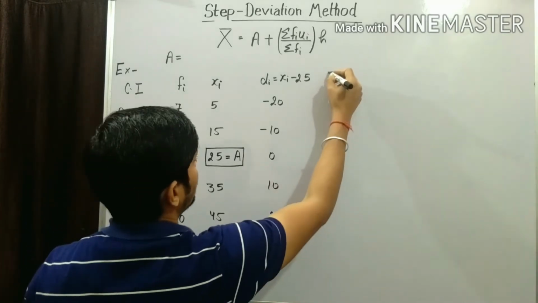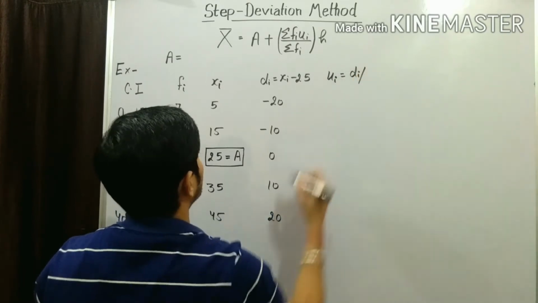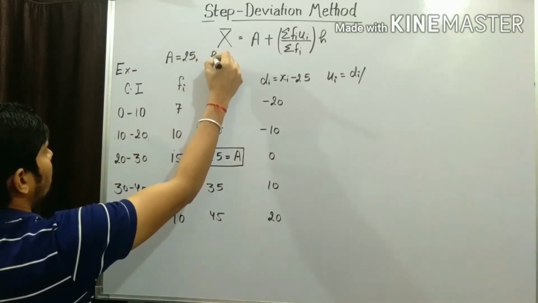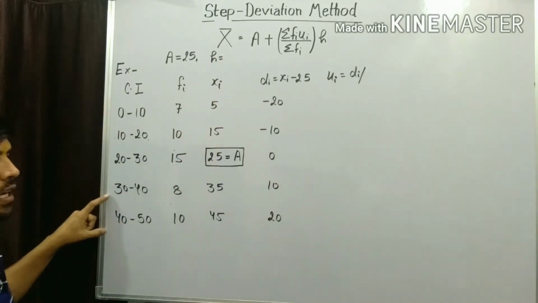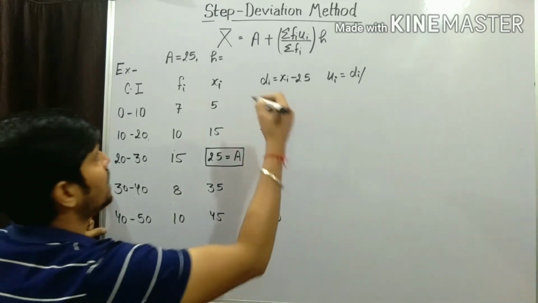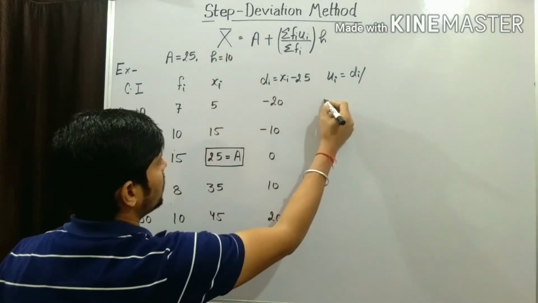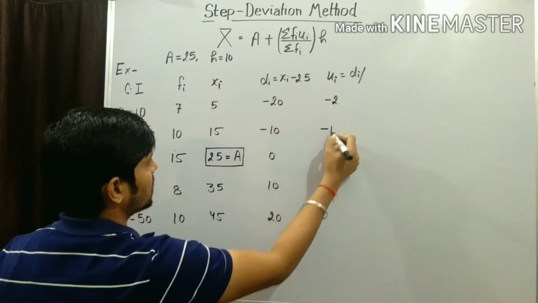Now the next one we will find is ui. ui is di upon h. a is 25 we have taken, and what is the value of h? We can take h as 10 because we can see the difference is 10, 10, 10. So minus 20 upon 10 is minus 2. Minus 10 upon 10 is minus 1.